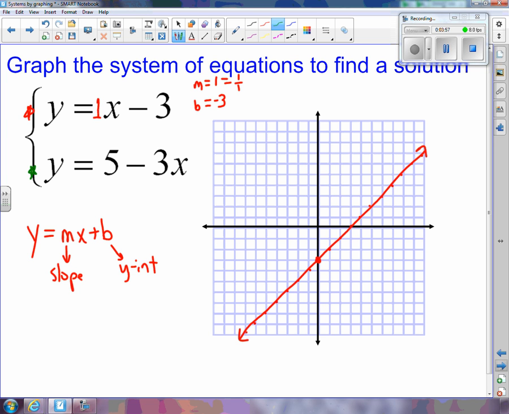Here we have things written in a little bit of a different order, but it's really the same idea. So y equals 5 minus 3x. It's really the same as y equals -3x plus 5, if that helps you identify the slope and the y-intercept more easily. The slope is -3, and the y-intercept is 5.